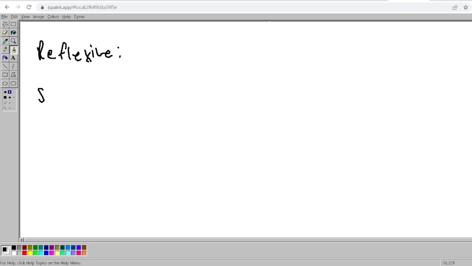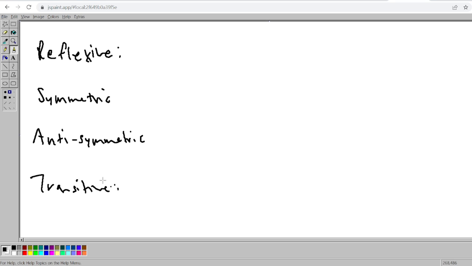We can call it symmetric. We can call it anti-symmetric, because of course we can. Then we can call it transitive. Now, what does that mean? Pretend we have three elements, x, y, and z, because we're going to need them for transitivity.